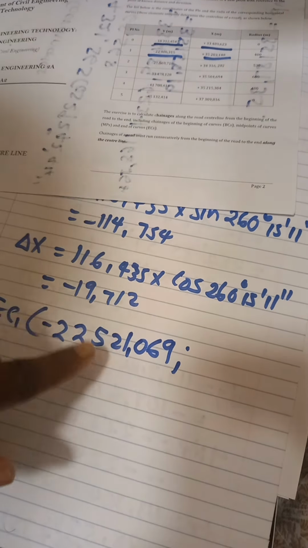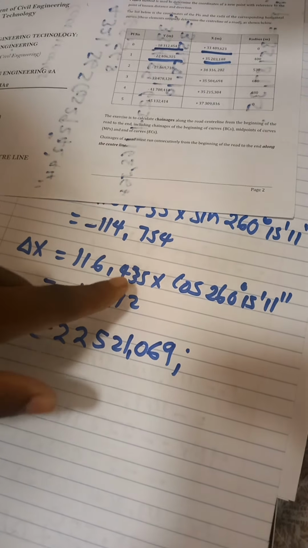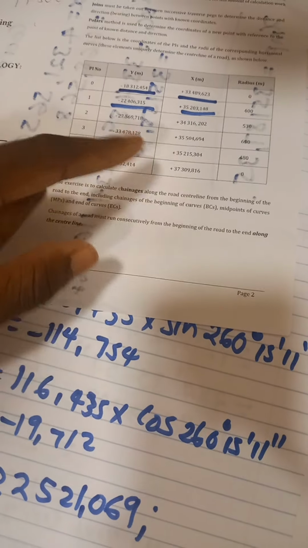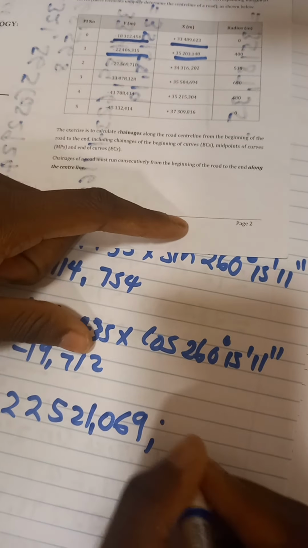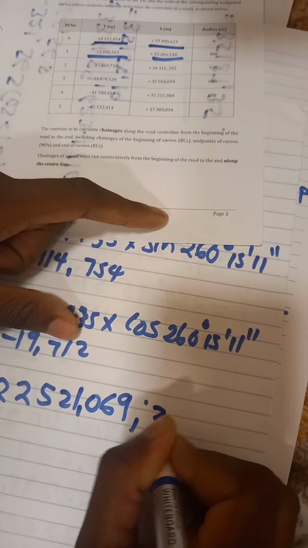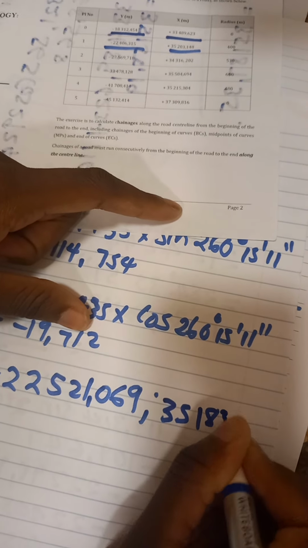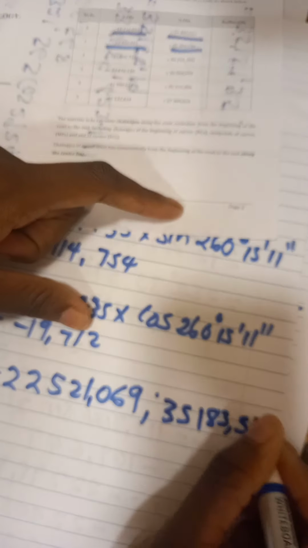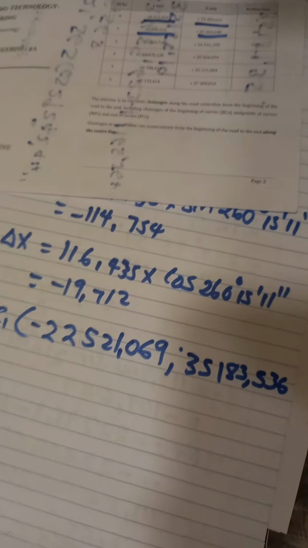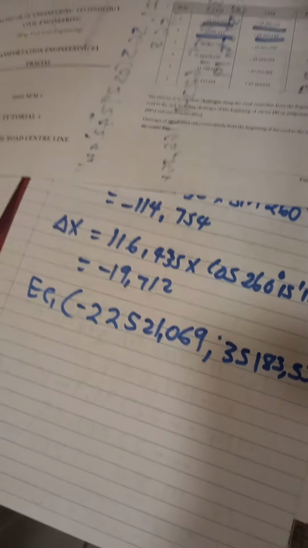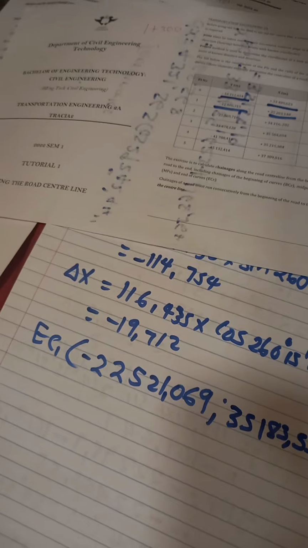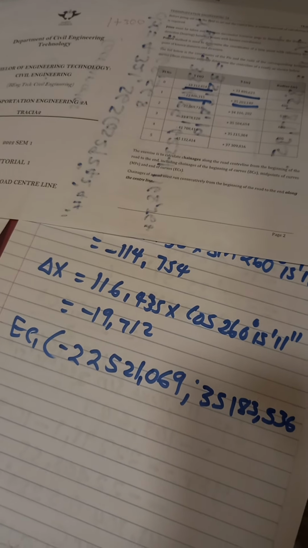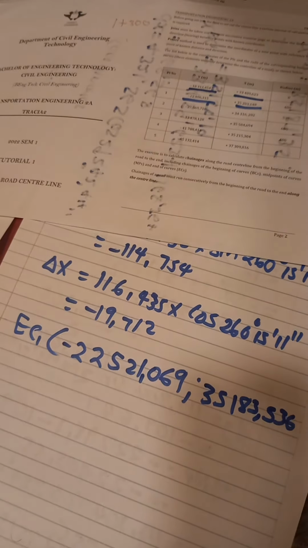You add negative 19.712 to 35203, and you get your new x coordinate as 35183.536. So you have calculated your coordinates of MP1, BC1, and EC1, and then you are done.